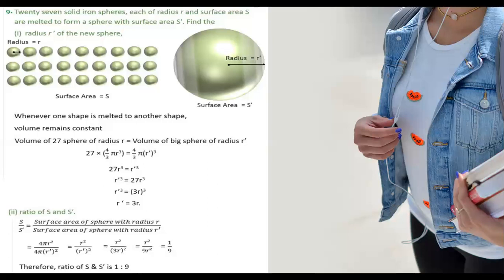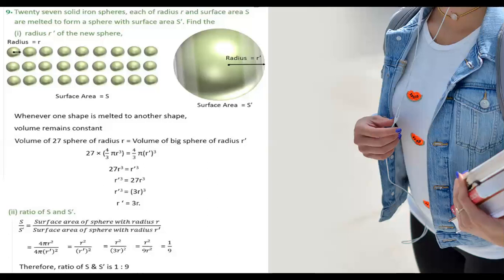So 27 times 4 by 3 pi r cube will be equal to 4 by 3 pi r dash cube. Here 4 by 3 pi and 4 by 3 pi get cancelled, and we have 27 r cube is equal to r dash cube. So r dash cube is equal to 3r whole cube. The cube gets cancelled and we get r dash is equal to 3r.